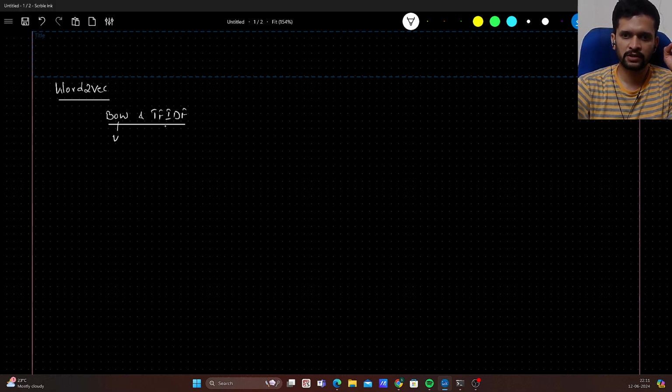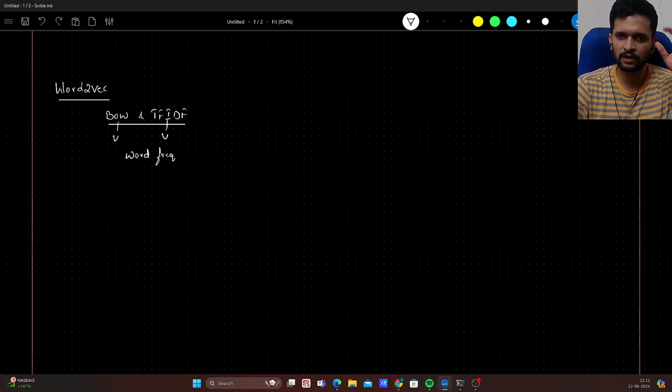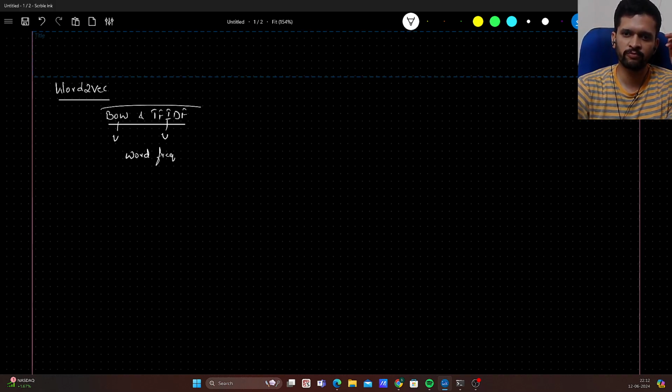Bag of words and TF-IDF are both based on word frequencies, so both fail to capture the semantics and similar words together. They will not have any such information. So in order to have that, we have improvements on top of BOW and TF-IDF, and that is called Word2Vec.